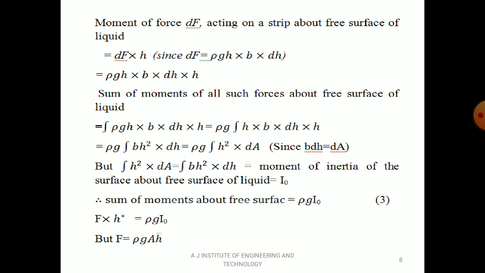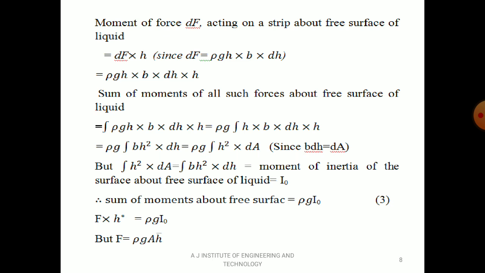Now F into H star equals rho g into I naught. That is according to the principle of moments: the moment of the resultant force equals the moment of the component forces. So F into H star equals rho g into I naught.